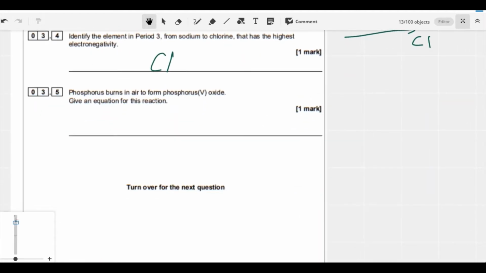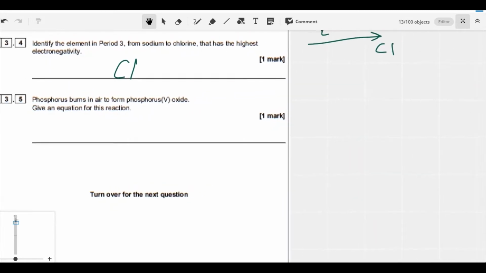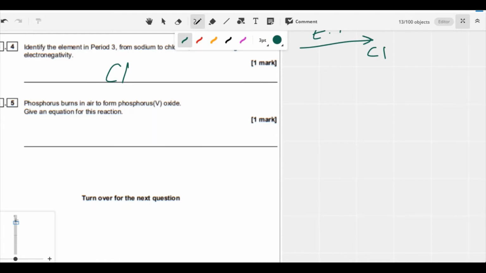Okay. Now the next one: phosphorus burns in air to form phosphorus pentoxide. Here the phosphorus oxidation state is 5. So the product should be P4O10. Why?